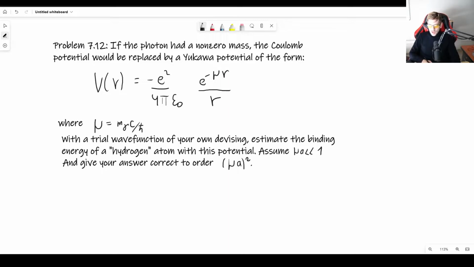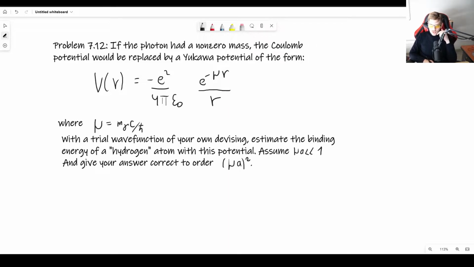And now, with a trial wave function of our own devising, we want to estimate the binding energy of this quote-unquote hydrogen atom in this potential. We can assume that mu times a is a very small number, and we should give our answer correct to order mu a squared.